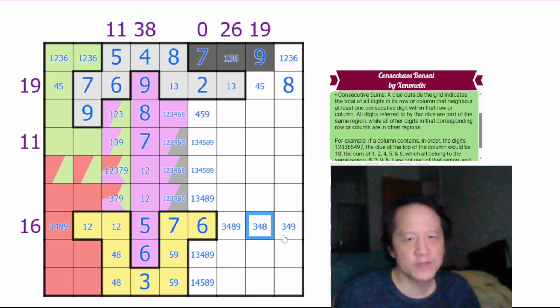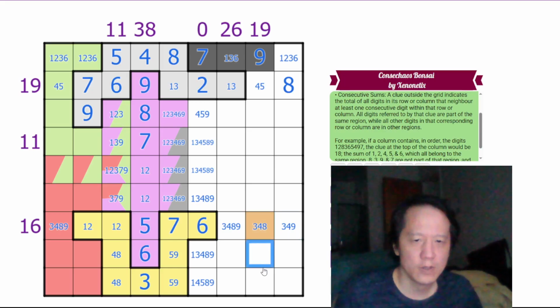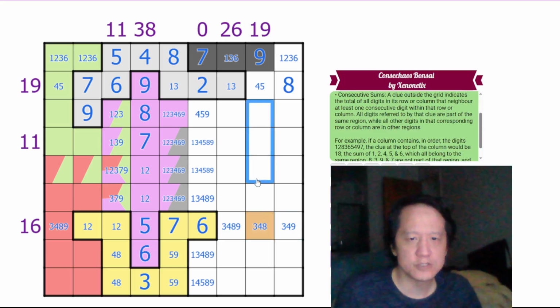Okay, if this is not part of the region, say this is not part of the column 8 region. Make it orange. How does this divide up? It has to have 2 consecutive digits somewhere, and then 3 with the other one.